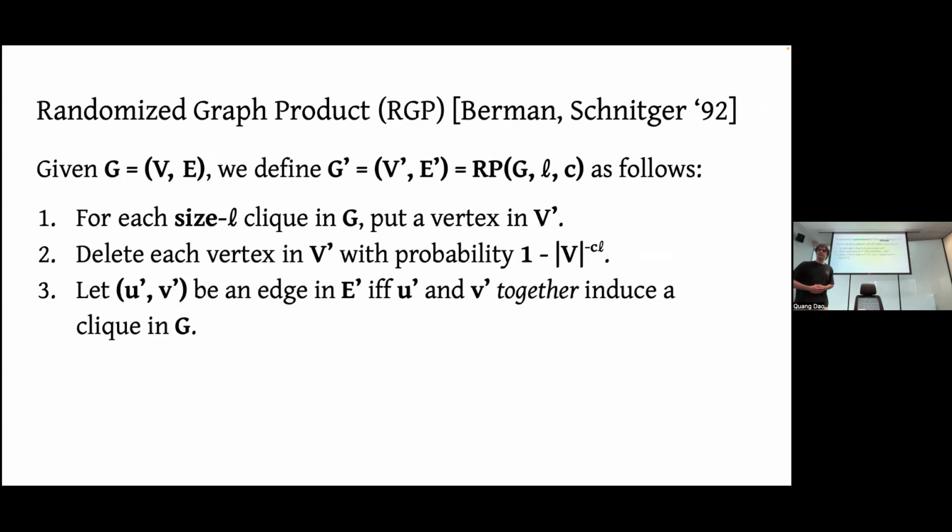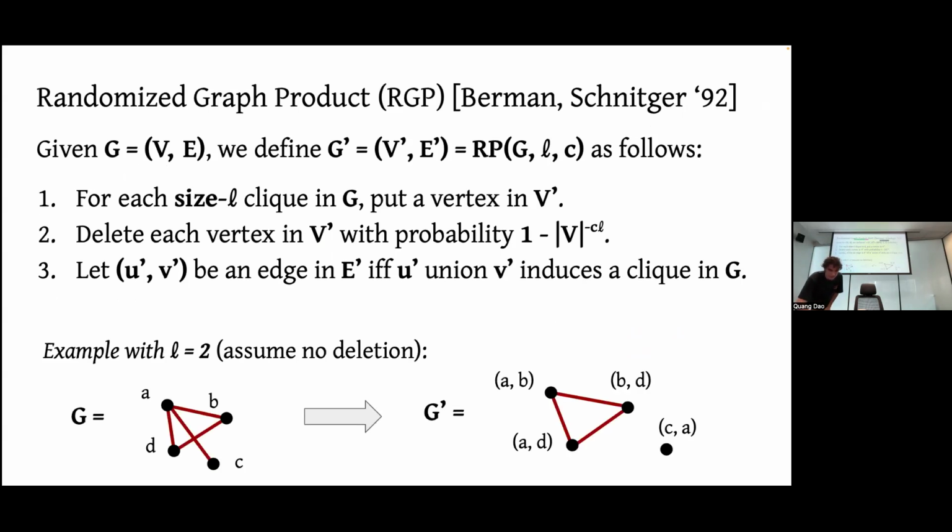Then the final step is that for the remaining vertices, we connect U prime and V prime, if and only if their original cliques in G together induce a clique when you take their entire vertex set. Okay, so going back to our example with L equals 2, we're going to assume no deletion because otherwise there's no vertices.